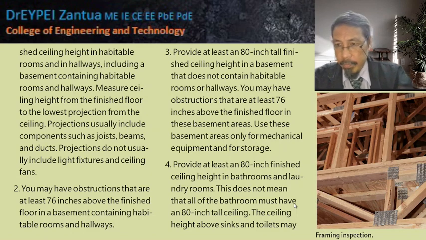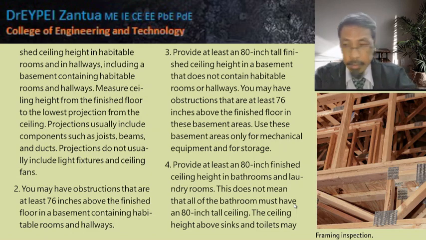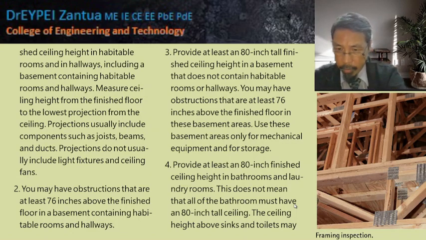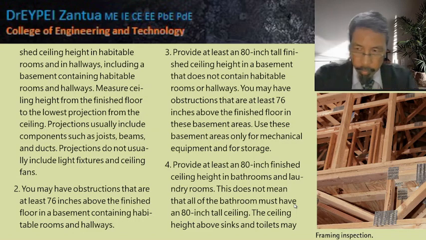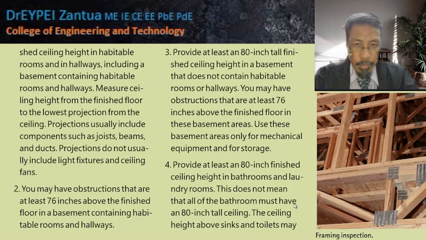So 84 is about 2.1 meters. This 80 inches is about 2 meters. What about 76 inches? Still 2 meters, 1.9 meters, still 2 meters.